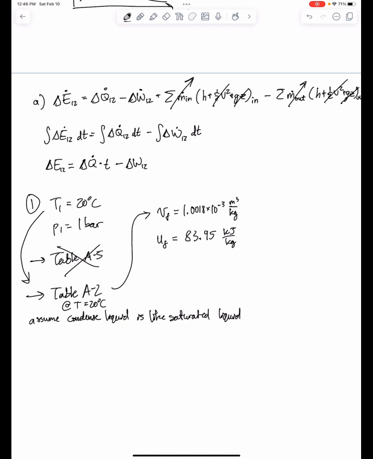Okay, I think I'm writing that correctly. So this is state 1.